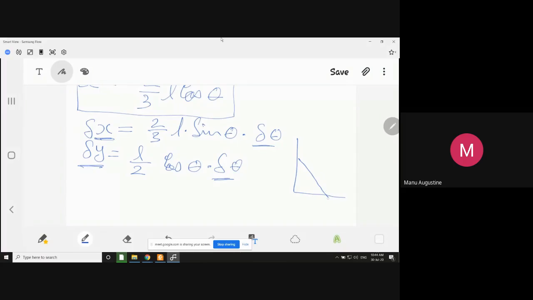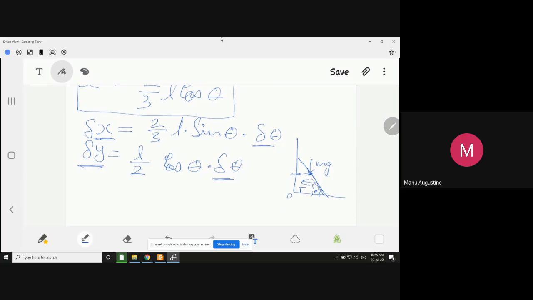This is your system. This is theta. This is tension. This is mg. And now this is the vertical location. This is the horizontal location. This is the origin. Now you give a small virtual displacement to the rod.